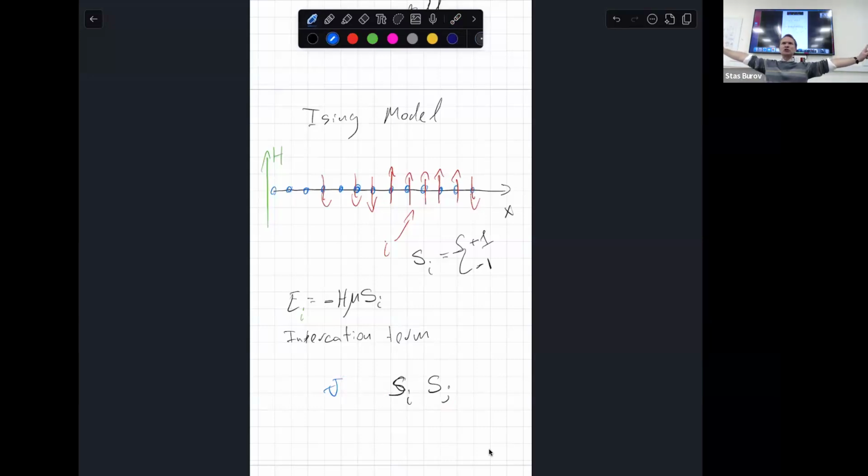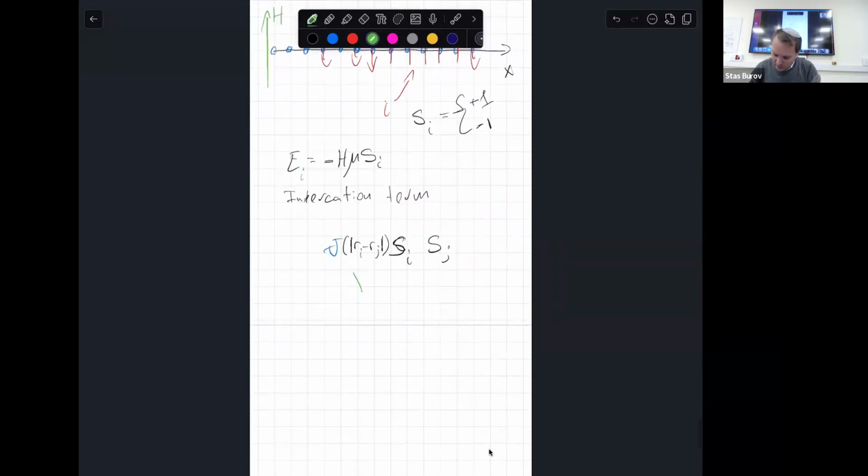If they are really far away, they should not interact at all. If they're close, the interaction should be sufficiently strong. So here we have Ri minus Rj, and this is a coupling constant.